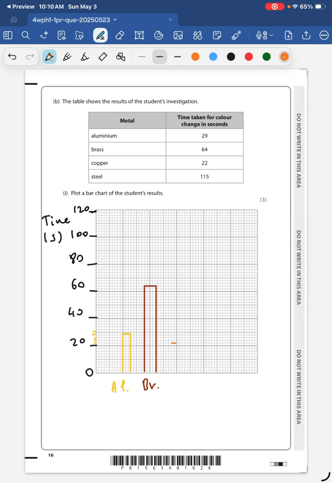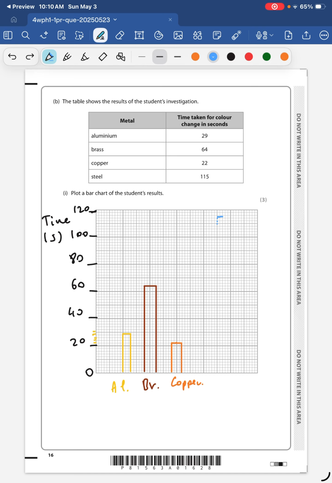So that's the 22 seconds up there. So this is copper. By the way, you can make these bars thicker, but okay. And then steel, I'm gonna use blue, 115. So 110, 12, 14. So somewhere there is the steel.